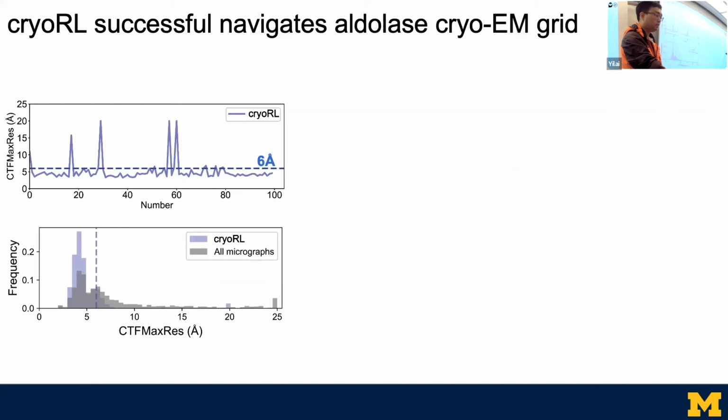And this is the histogram of cryo-RL versus all micrographs. All micrographs as the candidates has many poor ones with bad qualities, but cryo-RL is able to enrich the parts which are below 5 angstrom resolution.